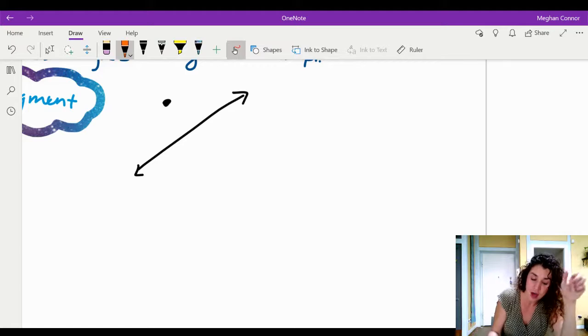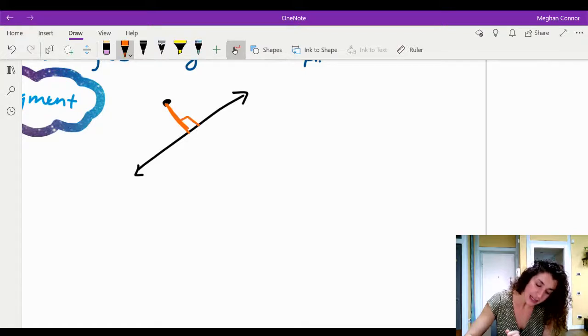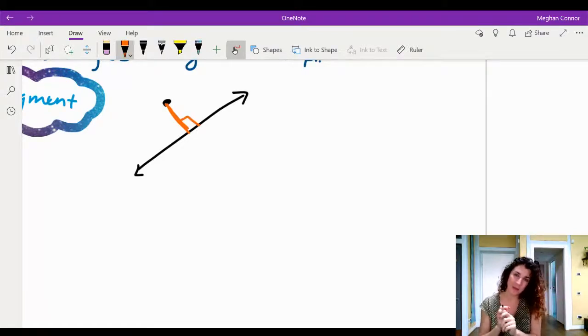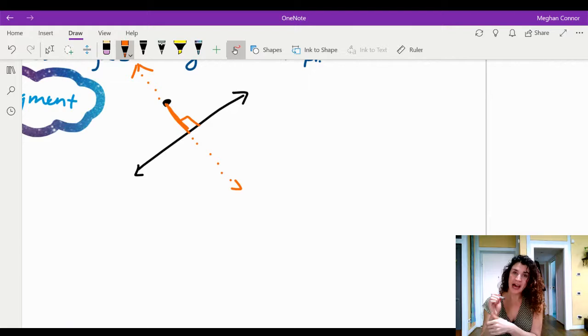You would probably draw something that looks like that and realize that that is the perpendicular line that goes through this line. So here, it's not necessarily a perpendicular bisector, but when we're talking about a distance between a point and a line, we're talking about finding the line that is perpendicular to that line that goes through this point that you've been given.